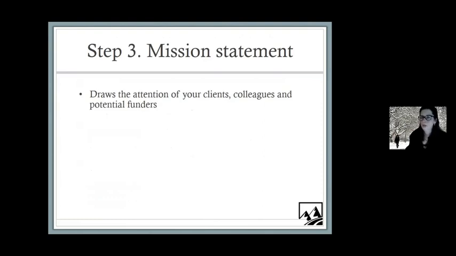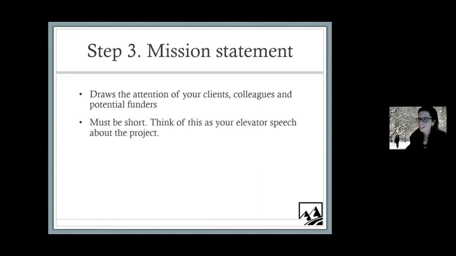And that's really important for those of us who are regularly working with elected officials in our area, or maybe convincing, for instance, our county commissioner, that the work is important and that they should buy into it. You want to develop a mission statement that's going to be grabby and that won't make people's eyes glaze over right away. Like I said before, I like to think of it as an elevator speech kind of length.